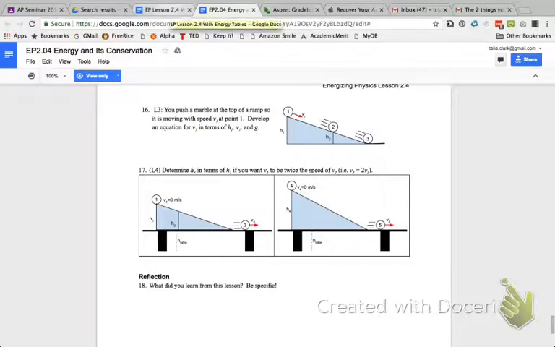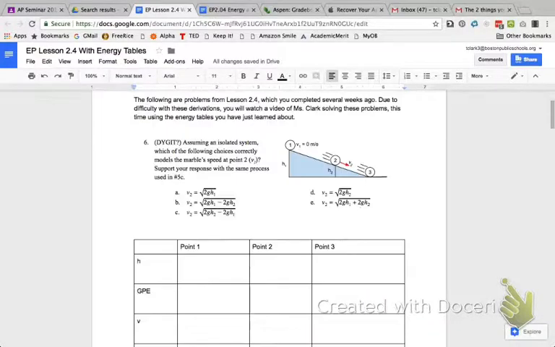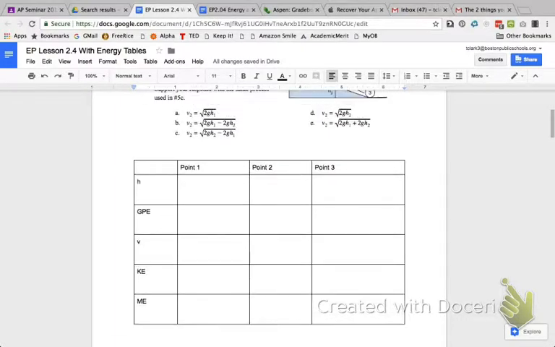And there's a document attached to this assignment as it's posted on Google Classroom, and it looks like this. It just has those questions taken out of the original packet and then some energy tables for us to fill in.